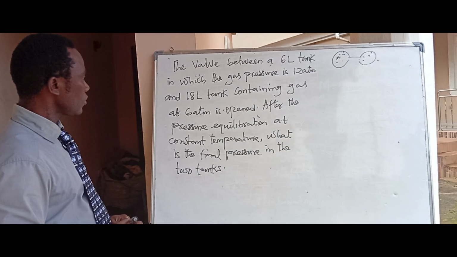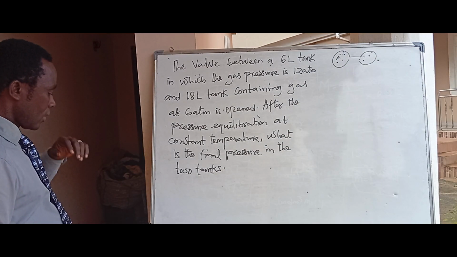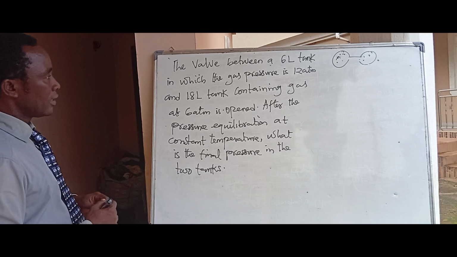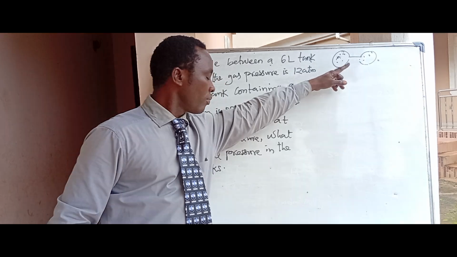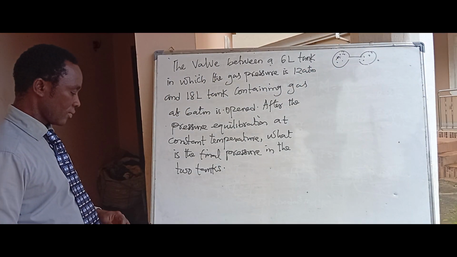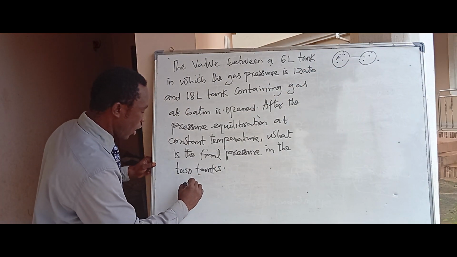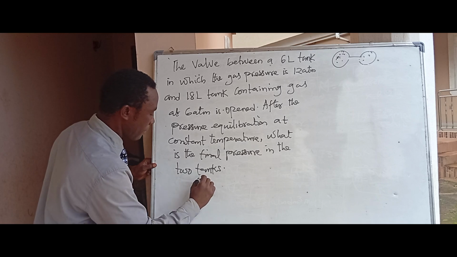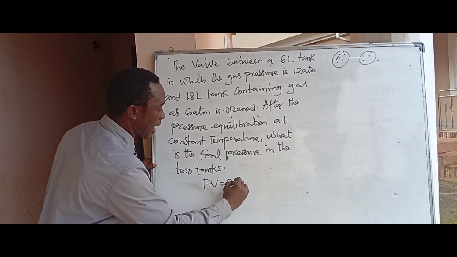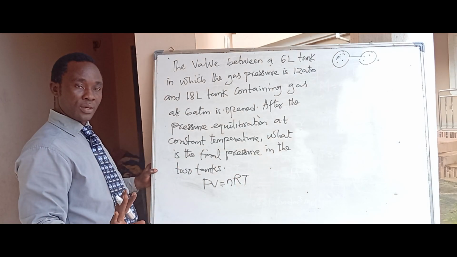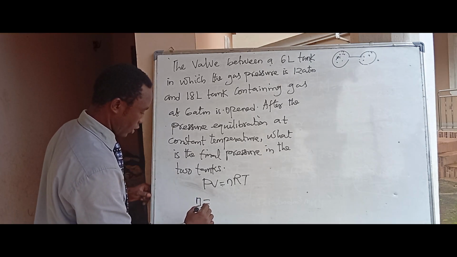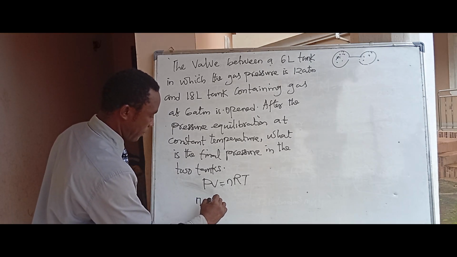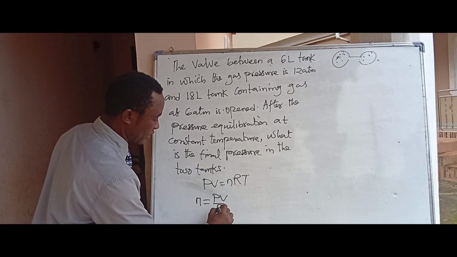Now, what we'll do is this. Let us get the number of moles of gas that is here and also the number of moles of gas that is here. Remember, from PV = nRT, the number of moles is PV over RT.